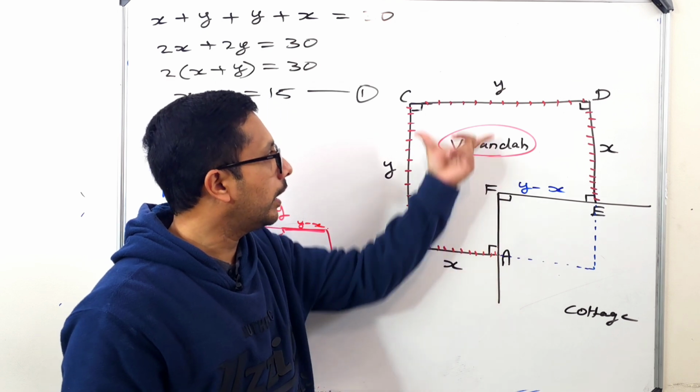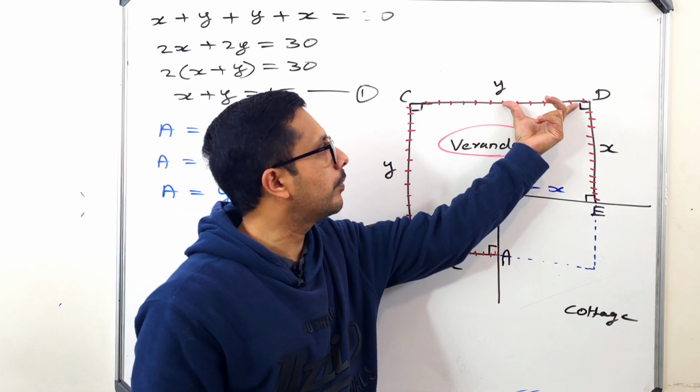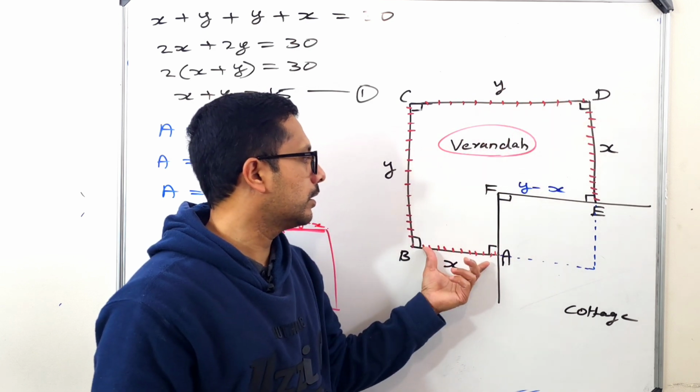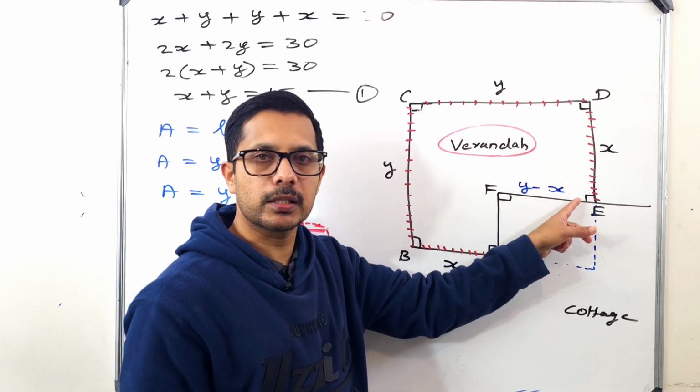Similarly here, from here to here the length is y, this length is x, so the remaining length is total length minus x, that means y minus x.